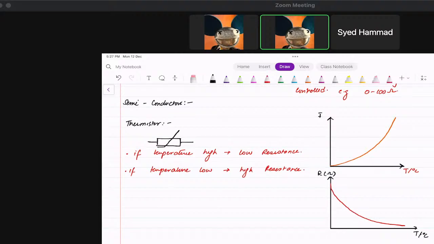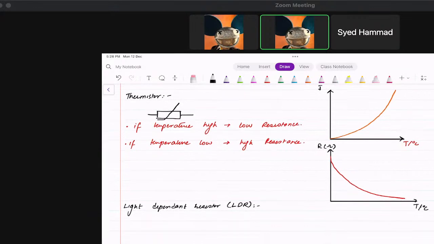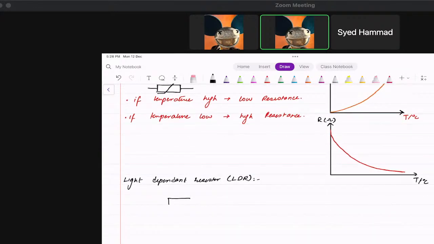Anyway, then the next thing we have is the light dependent resistor, commonly known as LDR. It looks like two lights are being shed on a resistor like this, and this is also non-ohmic.